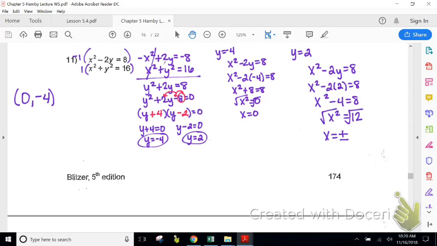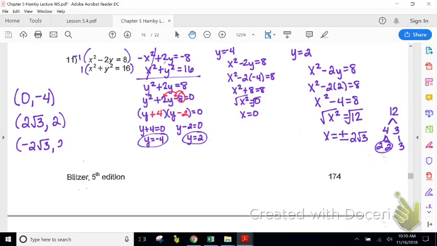Now I want an exact answer, I don't want decimals, okay? So you have to come over here and break that 12 down. So that's what, 4 times 3? Yeah, so we have a pair of 2s, so it's going to be 2, and then we have the 3 left over, so it goes back underneath. So 2 square root of 3. So what we have there then is x can be positive 2 square root of 3, and y is going to be positive 2. Or x can be the negative 2 square root of 3, and y will still be positive 2. And so here are my solutions.